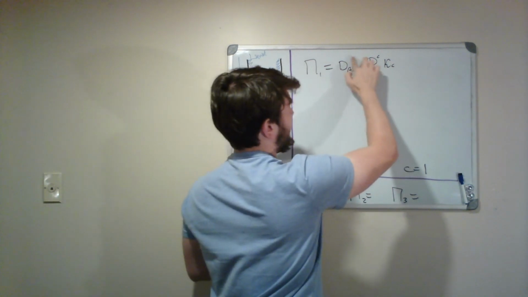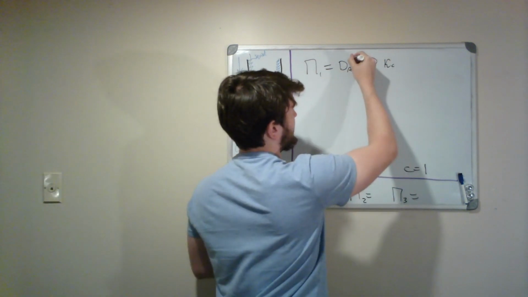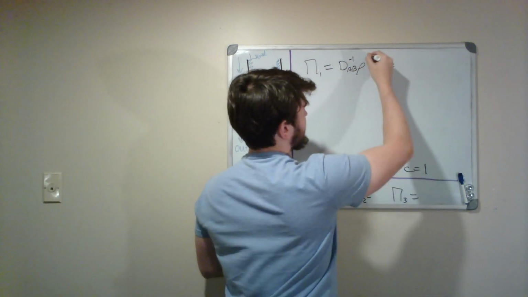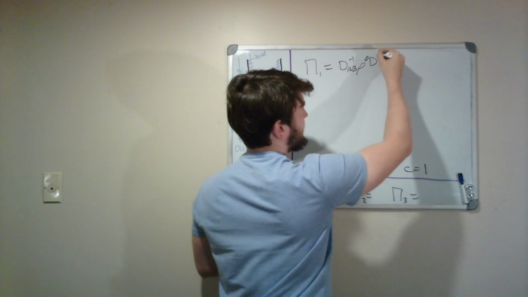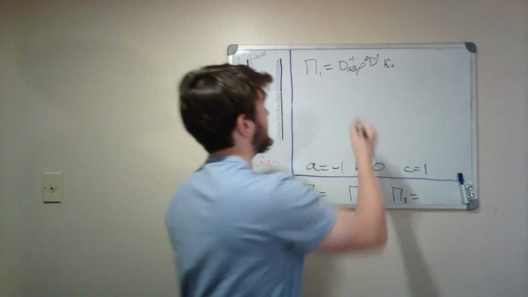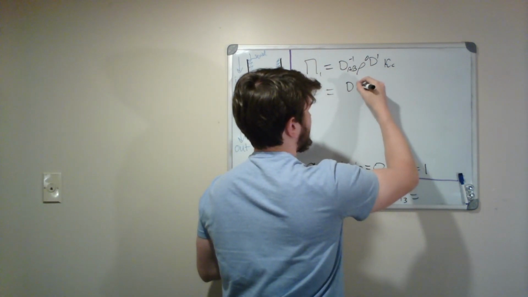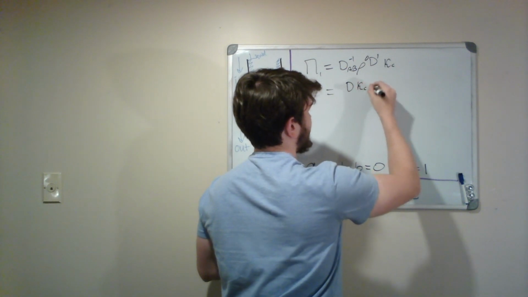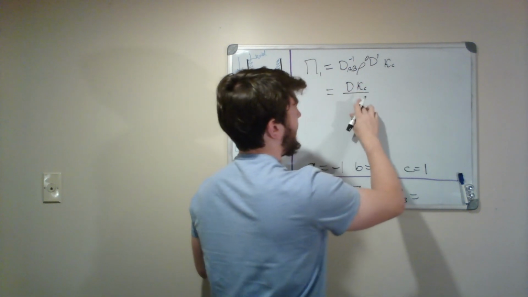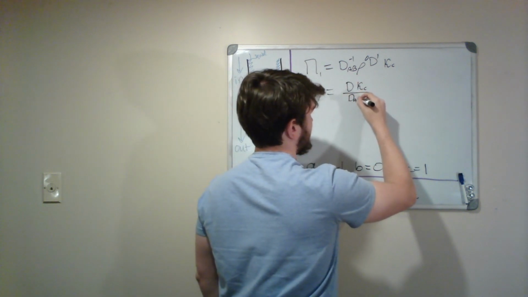So we know that A is negative 1, B is 0, and C is 1. So we can actually go ahead and rewrite this as equal to that diameter times that mass transfer coefficient all over that diffusion coefficient.